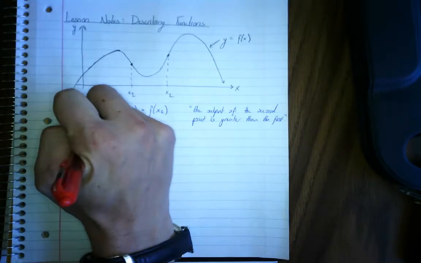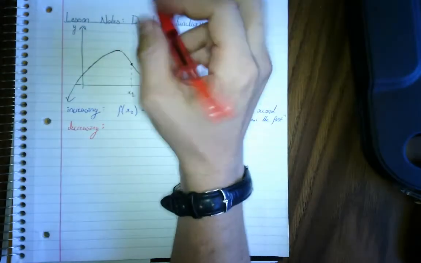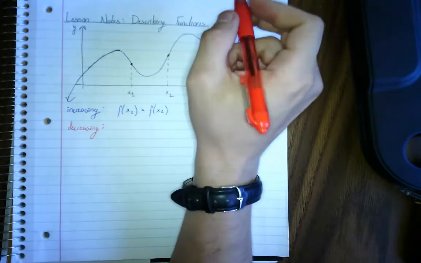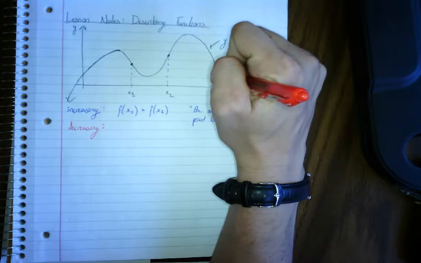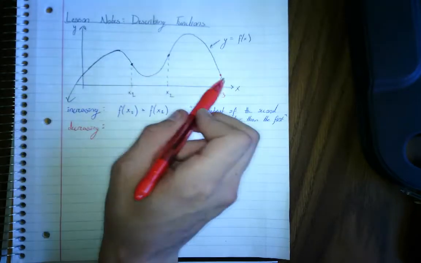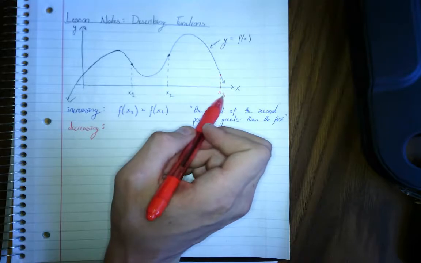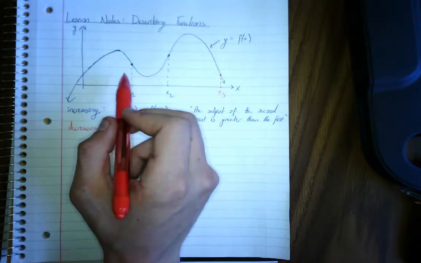For decreasing, we can compare this to maybe a third point. Let's say x3 over here. So notice how we're going on a wild ride, but overall, my point for this third point, my output, is less than my output for the first one.